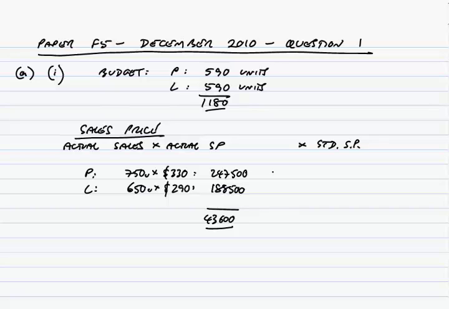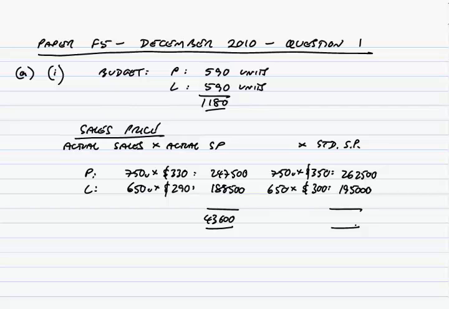What should the prices have been? Well, plasma, it should have been 750 at 350. LCD 650, this should have been sold at 300. And so we should have had revenue of 262,500, 195,000.